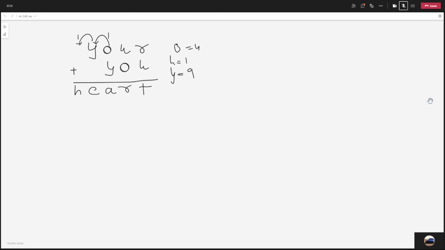So y plus 1 will result in 10. Here we get the value of e equals 0 and y equals 9.